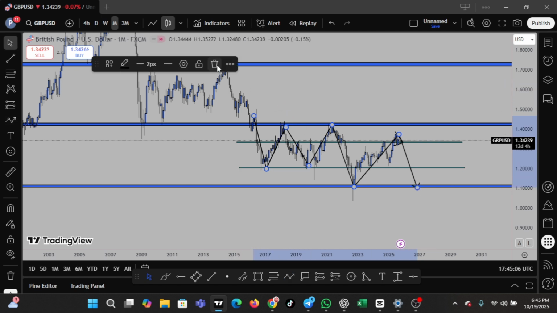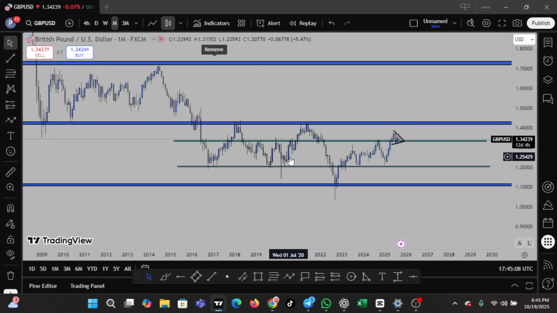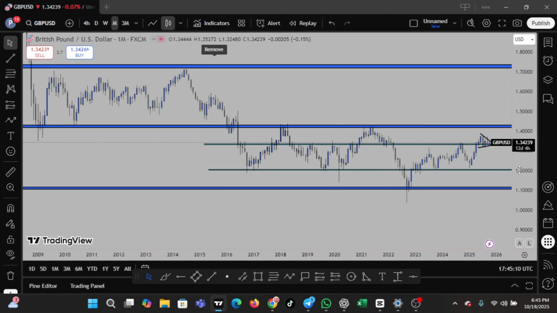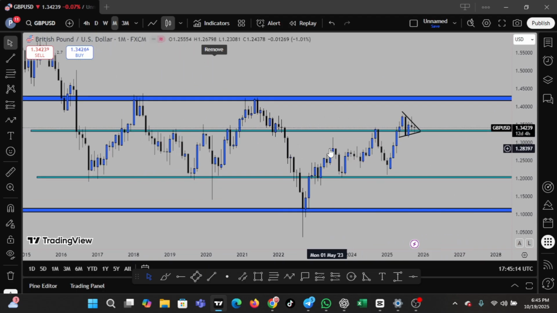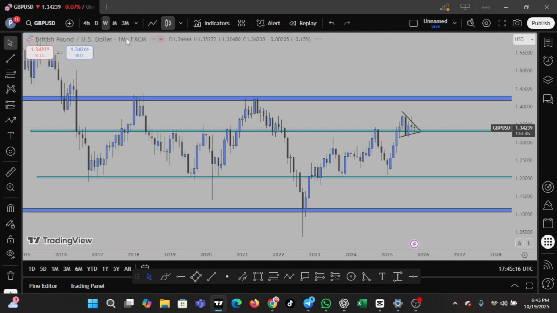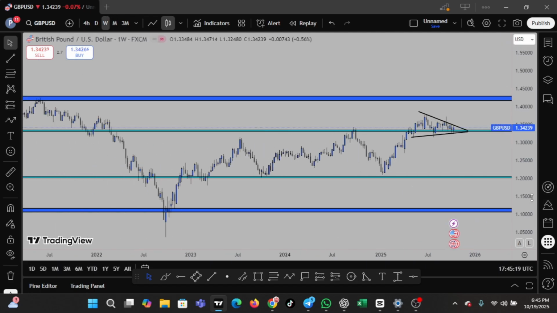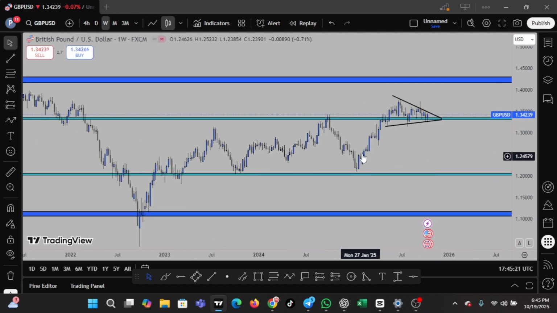But we still have some things to take note of. As a trader, you don't just want to jump to conclusions without having some reason to justify your action. If I scale lower from the monthly chart to the weekly, you will see that the trend has been very bullish on the weekly chart. And this pattern that I'm seeing here is a bilateral pattern. For those of you that trade chart patterns, I trade chart patterns and I love to trade chart patterns.